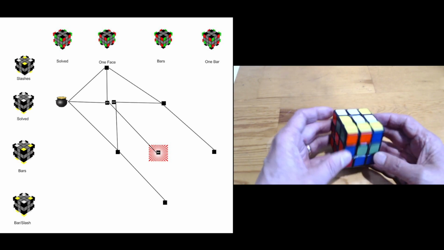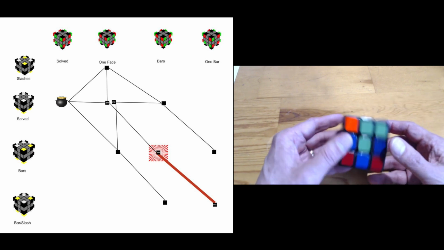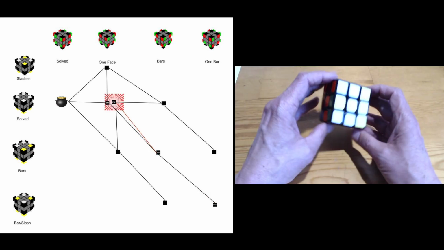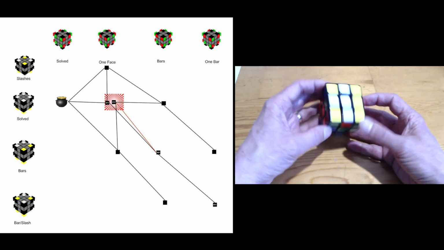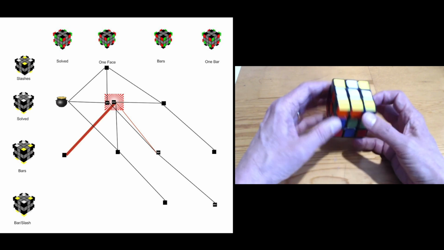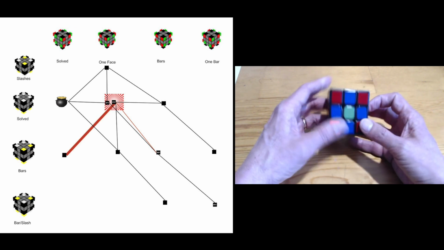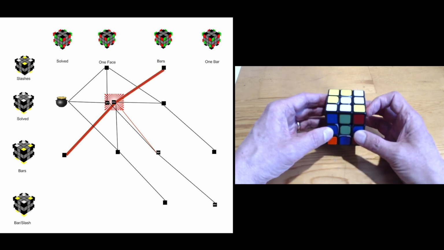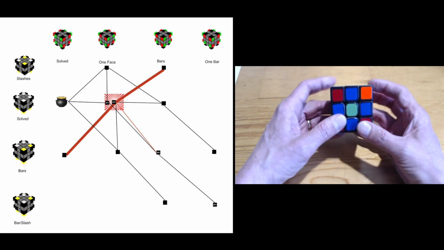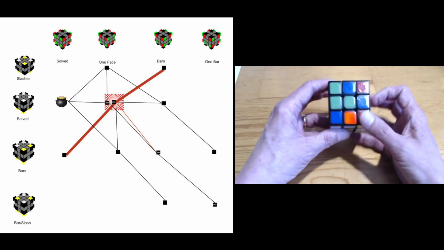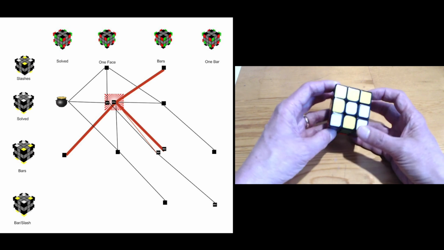This is the first one, and the second one is that. 3 additional possibilities from here. They are 1, the second one is this one, and the third one is this one.